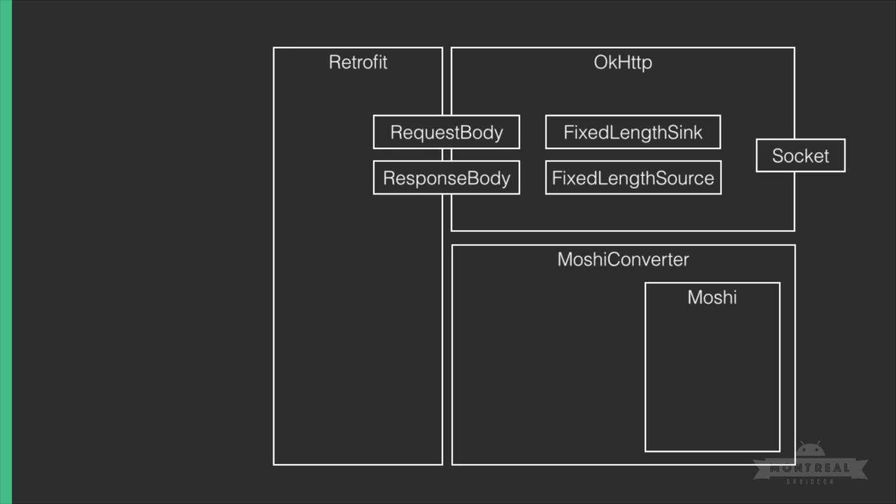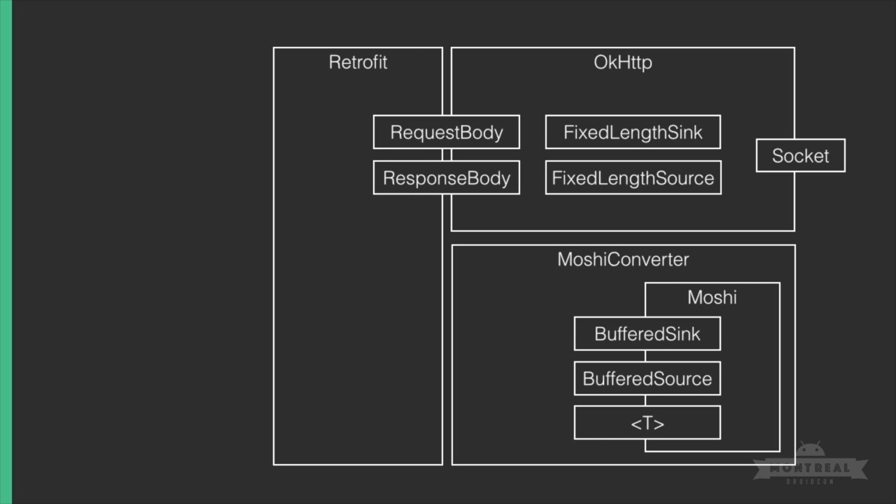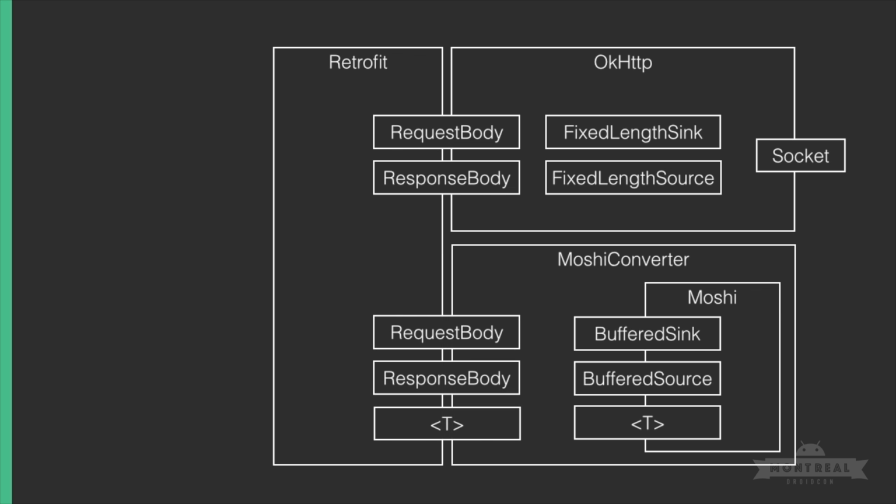The Moshi converter has a Moshi, which has the buffered sink and buffered sources that allow us to read and write the JSON. And then it also takes a type, an arbitrary Java type. As our example showed, this was our presentation object. This is your application's types. Retrofit, again, uses the OkHttp types to talk to the converter. So it's basically just taking the response body for response and just passing it to the converter and saying, hey, read the data that's in this response body's buffered source.